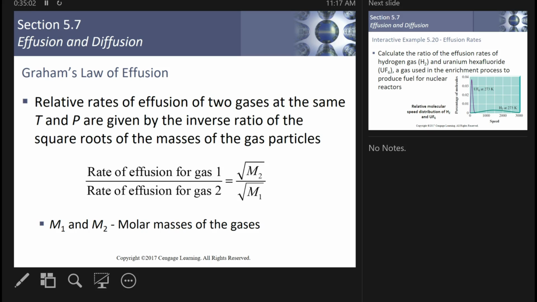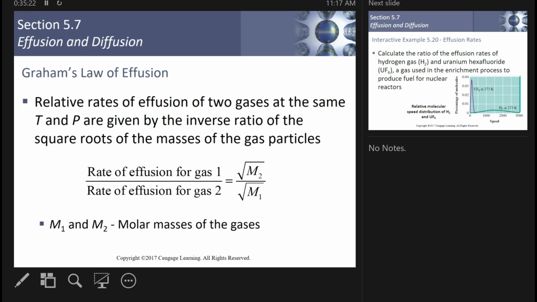You see how it's inverse? The rate of effusion of gas 1 over the rate of effusion of gas 2 is equal to the square root of M2 over M1, M representing the molar mass of whatever gas you are comparing. Let's do a quick comparison.